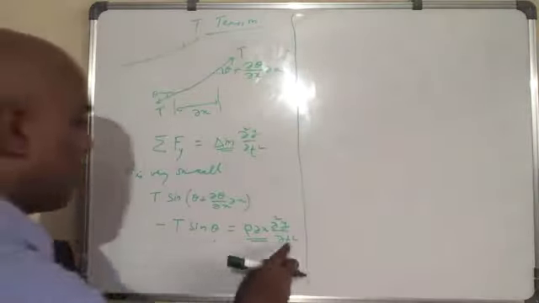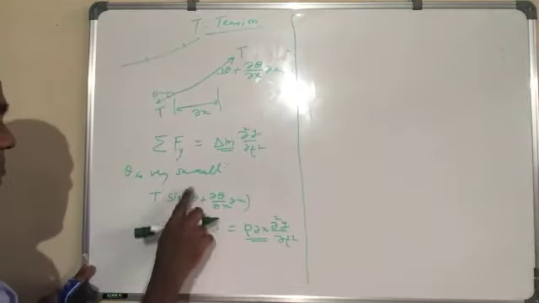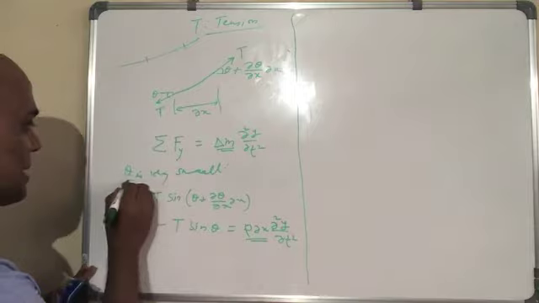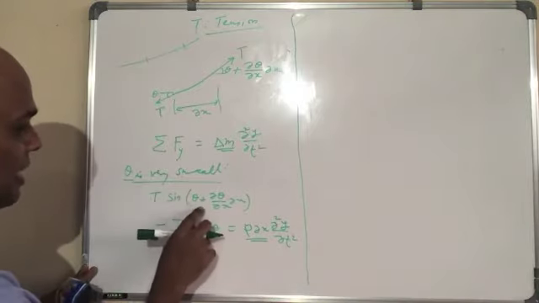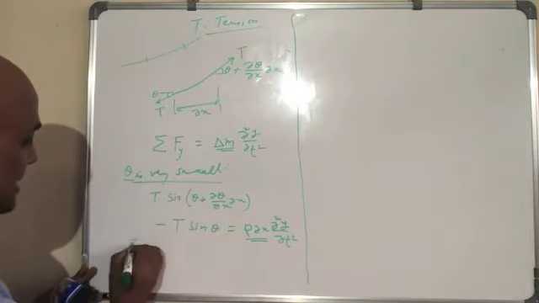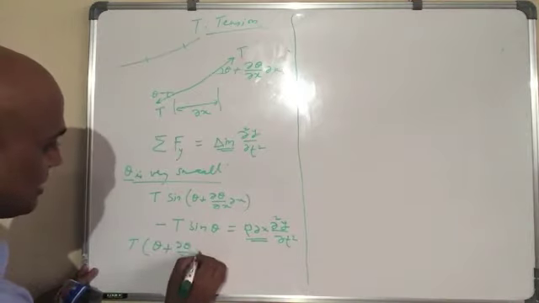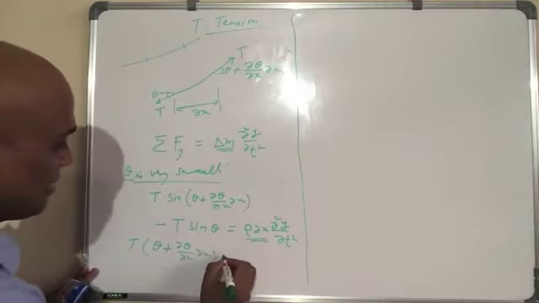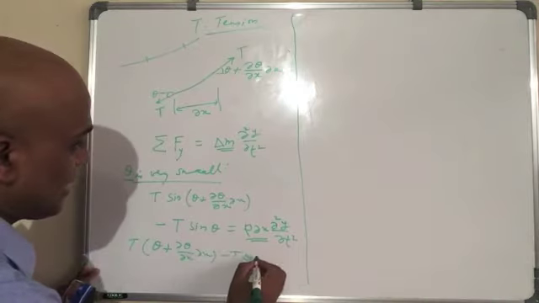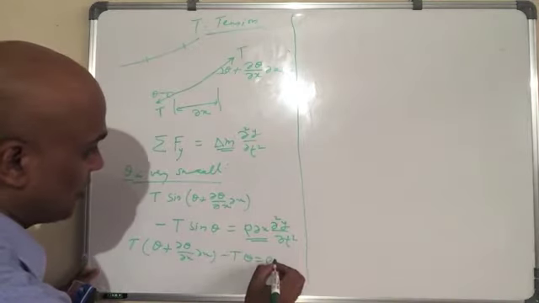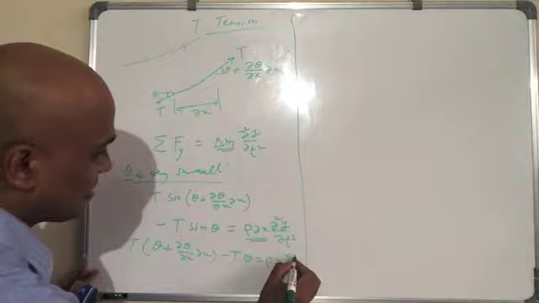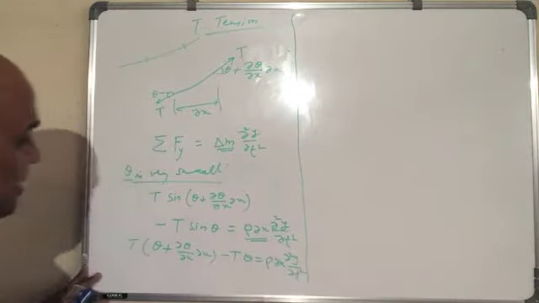Next, since theta is very small, we get T times theta plus del theta over del x times del x, minus T theta, equals rho del x del square y over del t square.